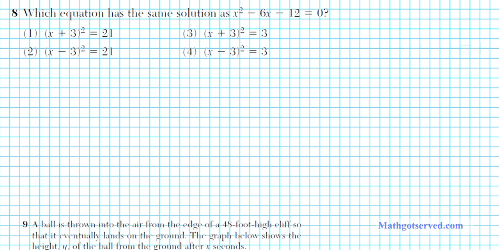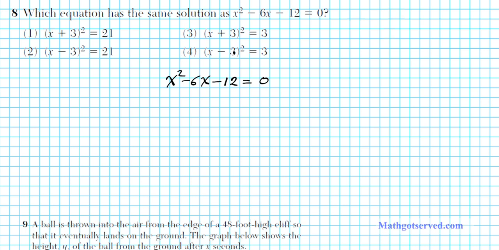Okay, let's take a look at problem number 8. It says, which equation has the same solution as x squared minus 6x minus 12 equals 0? Now this is already in standard form, but the options are in vertex form.